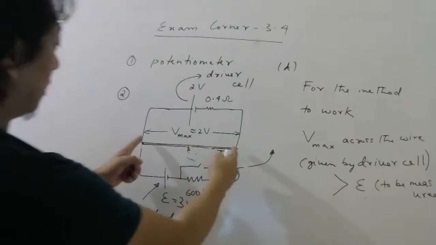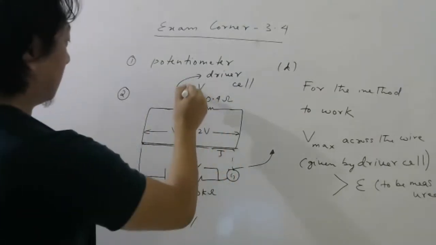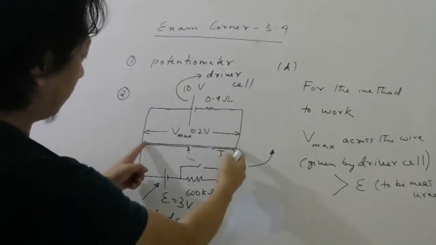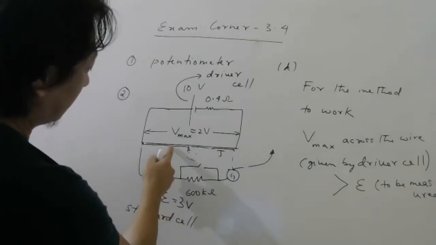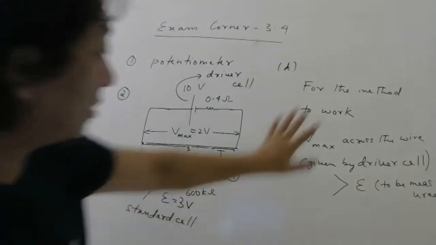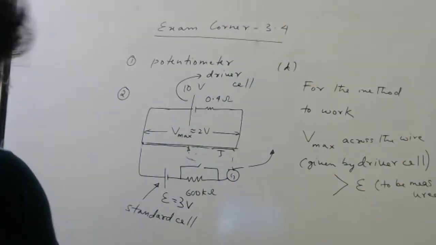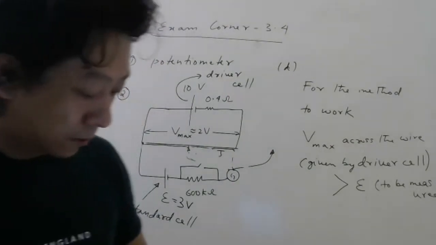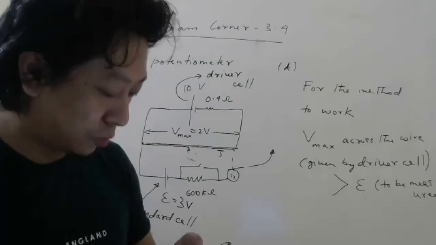So if this is, let's say, 10 volt, then here if you get 10 volt, 3 volt you will get somewhere here. Understood now? So this is the reason why it will not work. Okay, so the answer is no.